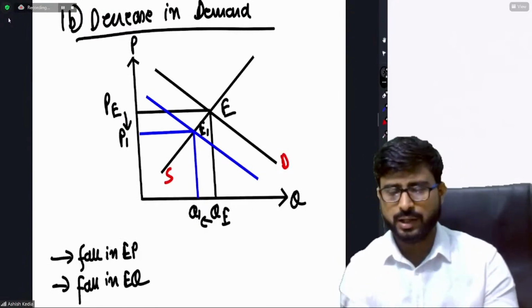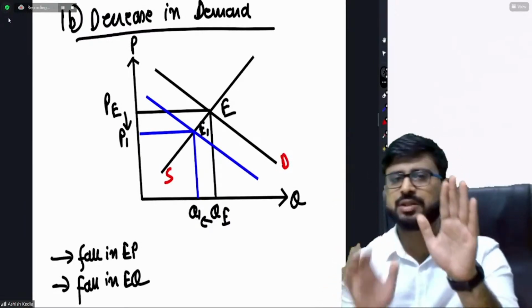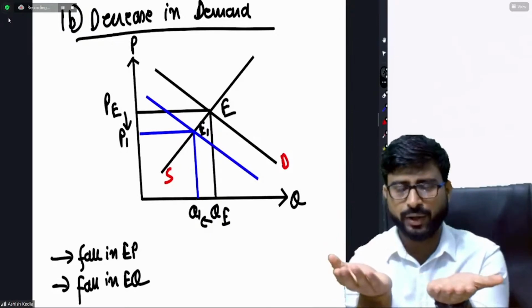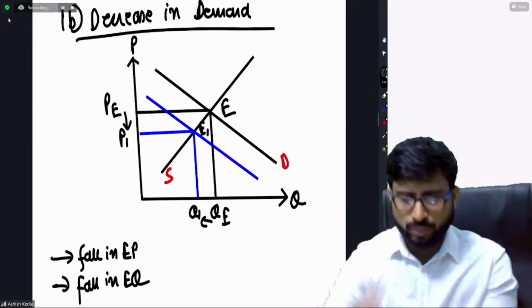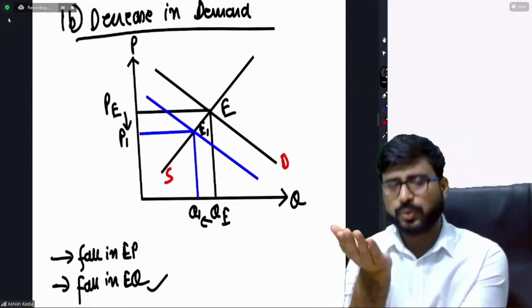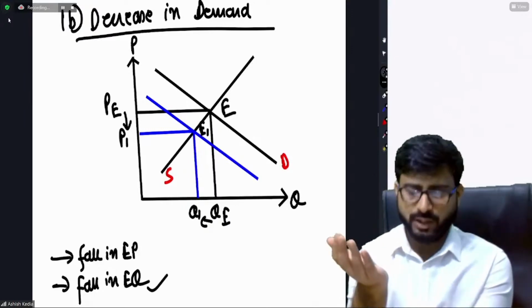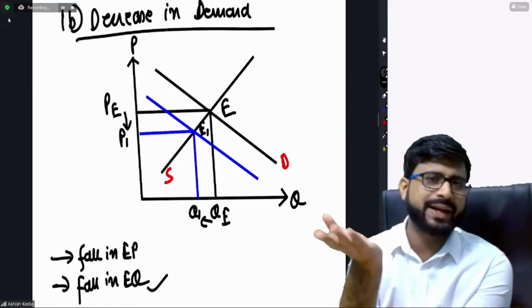Khatam. And if you want to see it without the graph, this is demand, this is supply. Both are at the same point. Now what happens is demand is falling. So when quantity is falling, obviously there is a fall in equilibrium quantity. But then what is happening? Since demand is falling, supply is above demand.